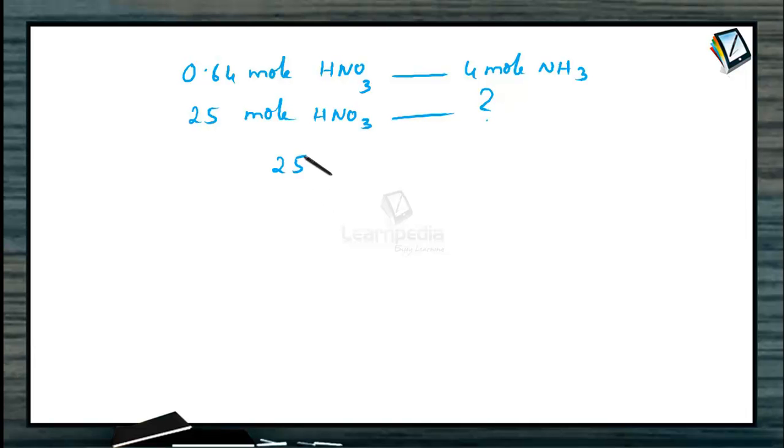It is 25 by 0.64 into 4. That one we will get in terms of moles. As we require in terms of volume at STP, we need to multiply this one with 22.4 liters and we will be getting the final answer as equal to 3500 liters.